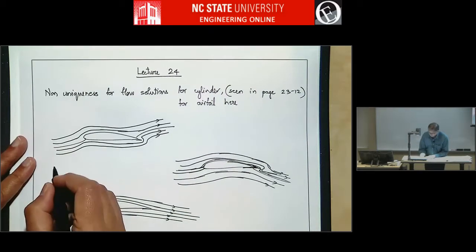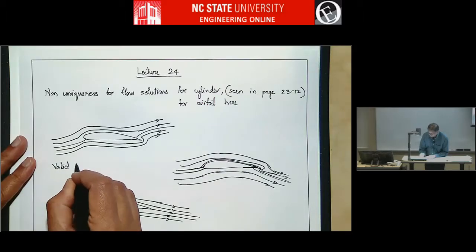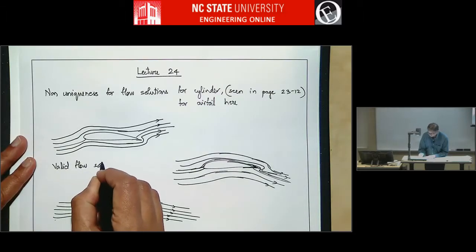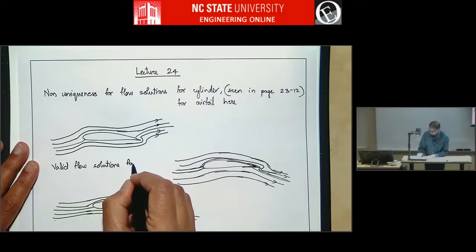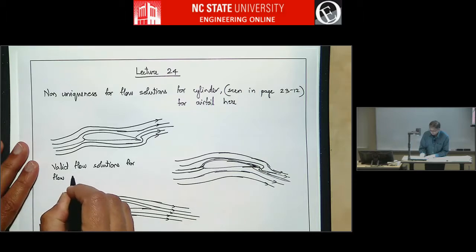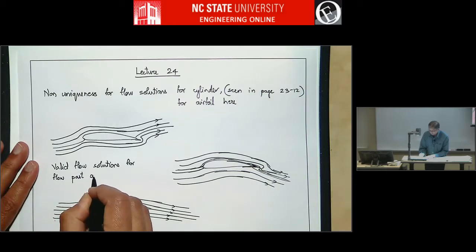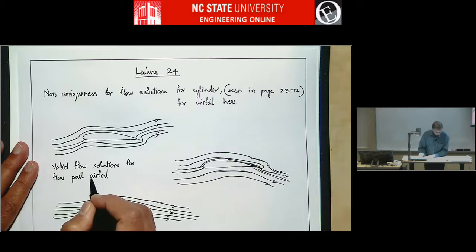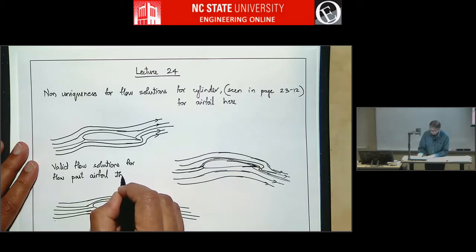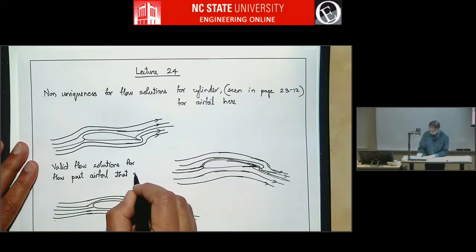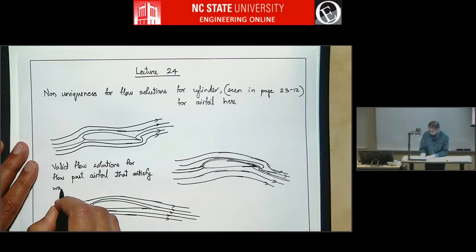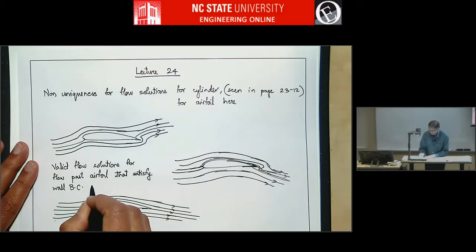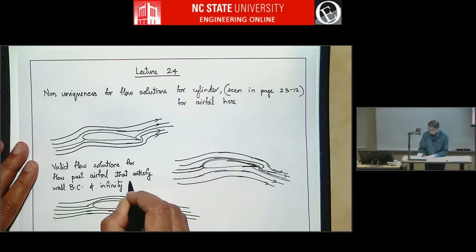So these are all valid flow solutions for flow past an airfoil. And these solutions satisfy the wall boundary condition and infinity boundary condition.